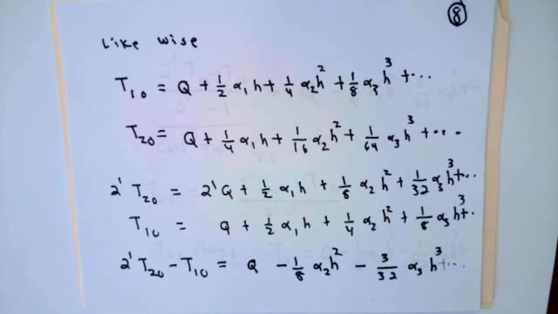So just as before, I have a combination of two things which used to contain an h to the first power, but now doesn't. This is going to be a quantity that estimates the true value to use fancy language, order h squared.